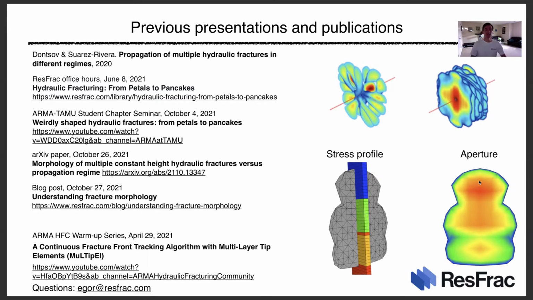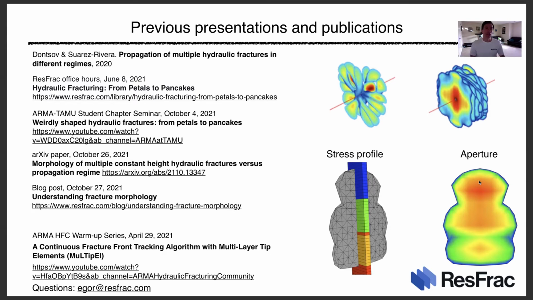To me personally, it all started back in about 2016 and 2017, when I talked to Jia Wei Wang from Schlumberger, and he mentioned what they observe in field scale simulations: when we propagate multiple hydraulic fractures, sometimes they grow all in parallel and develop nice and regular shapes. And sometimes some fractures grow left, some fractures grow right, and so they develop very irregular shapes. That was basically the problem on his mind.